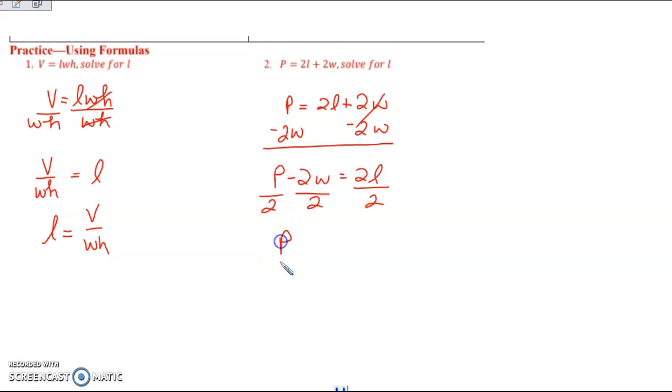So I'm going to have p divided by 2 minus w equals my length. These canceled out, but I couldn't do anything here because I don't know what p is, so that's why the p for perimeter is still over the 2.